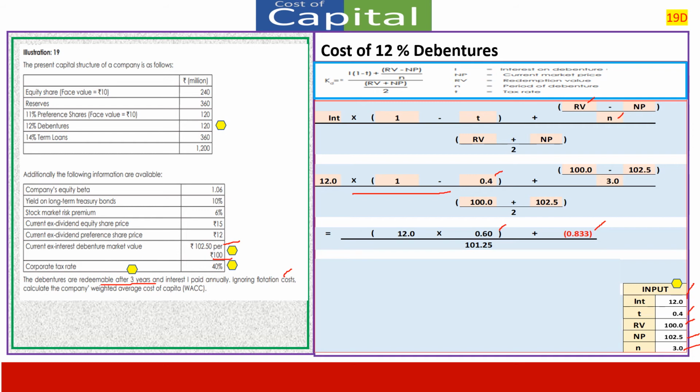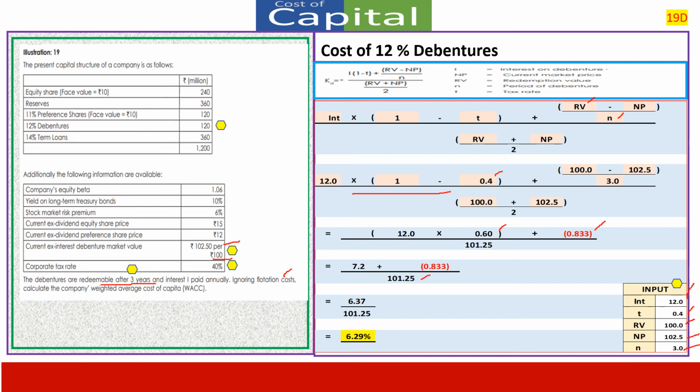Therefore, it is 12 into 0.6, 7.2 minus 0.833 is equal to 6.37 divided by 101.25, and that gives us 6.29 as the cost of capital in respect of debentures.